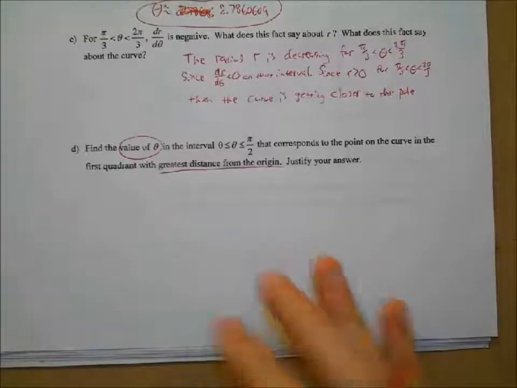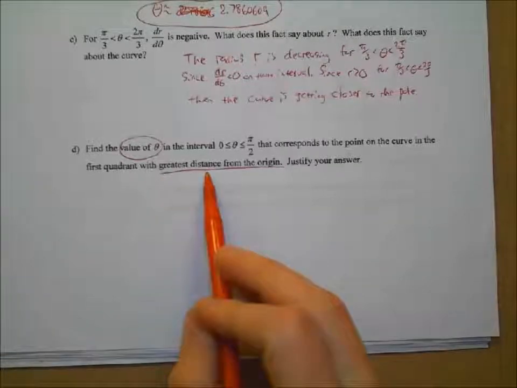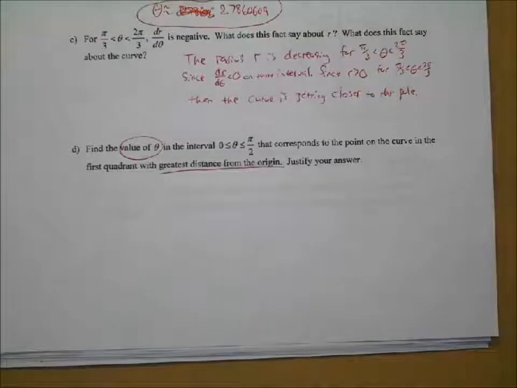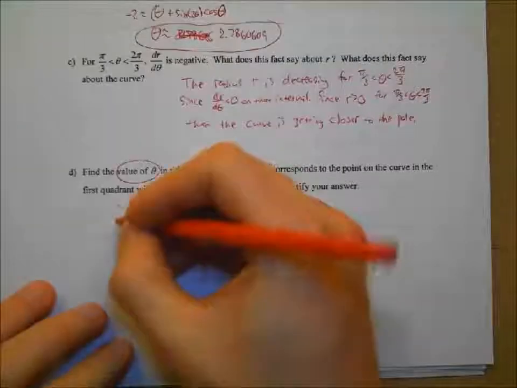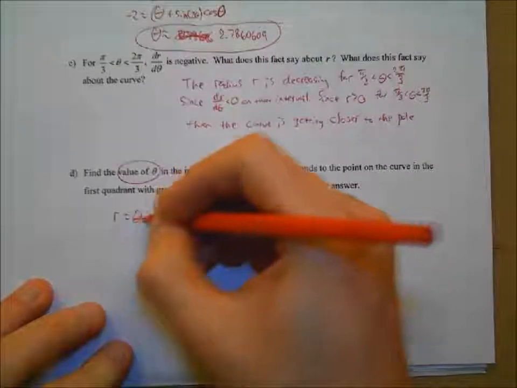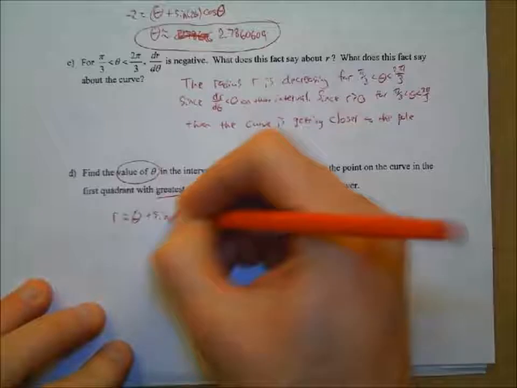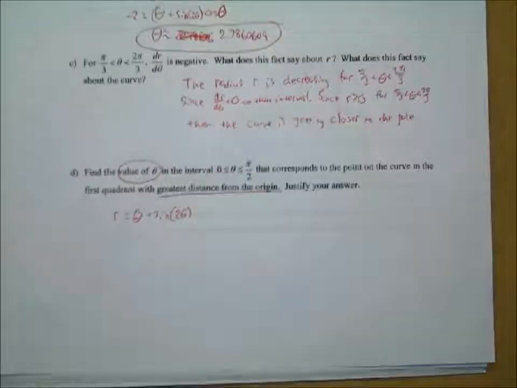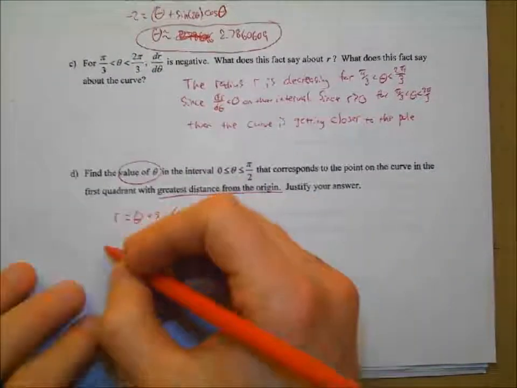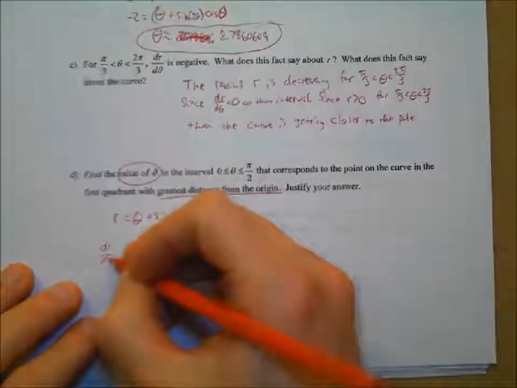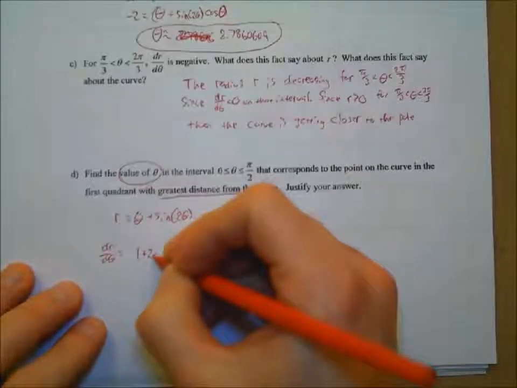Well, we're trying to find the greatest distance. What thing here is describing the distance from the pole, or the distance from the origin? R is exactly right. And so it is R that we're trying to find the greatest value for. So then we'll take the derivative, which you already have, dr d theta is 1 plus 2 cosine of 2 theta.